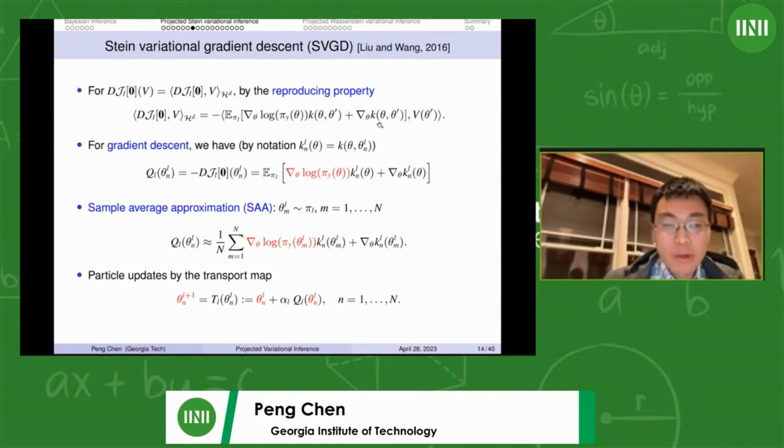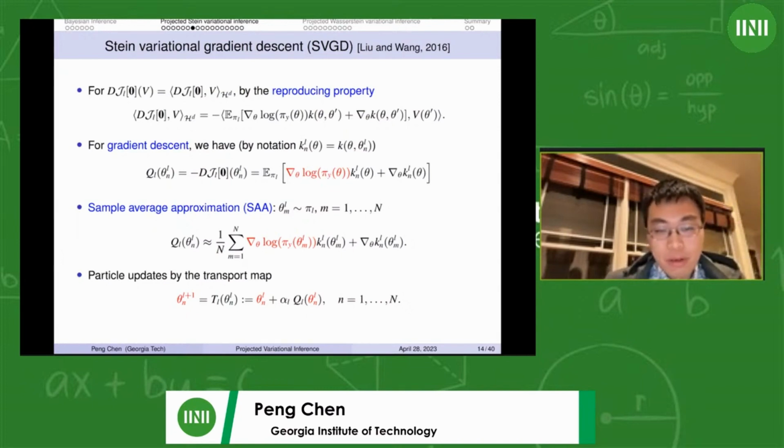So by this reproducing kernel property, for this gradient descent method, we have the perturbation map Q of L evaluated at a given particle theta n L, given by this gradient of J of L evaluated at zero. Now you have an explicit form for this update, the perturbation map.